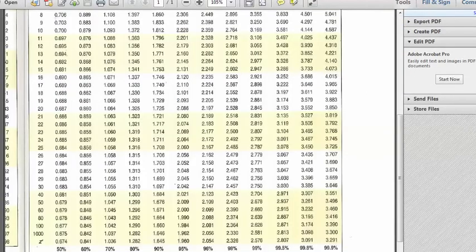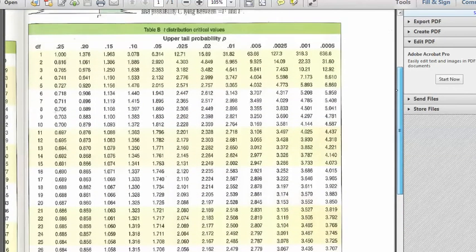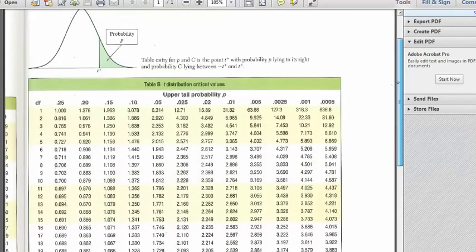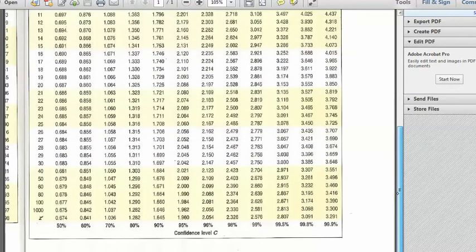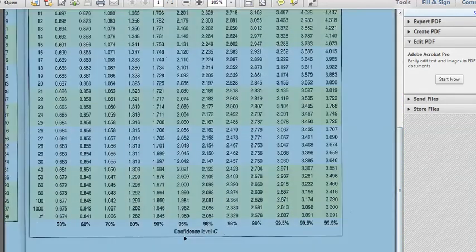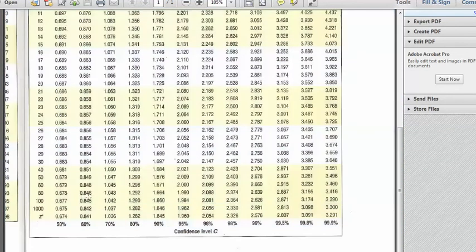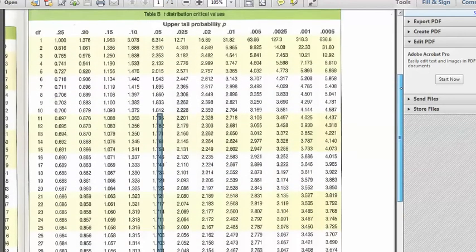So on our t-table, at the very top you can see the distribution. We can use the upper tail probability here, or at the bottom we can use confidence levels. Our confidence level for this one is 90%, so we're looking at this column here. Our degrees of freedom is the very first column.